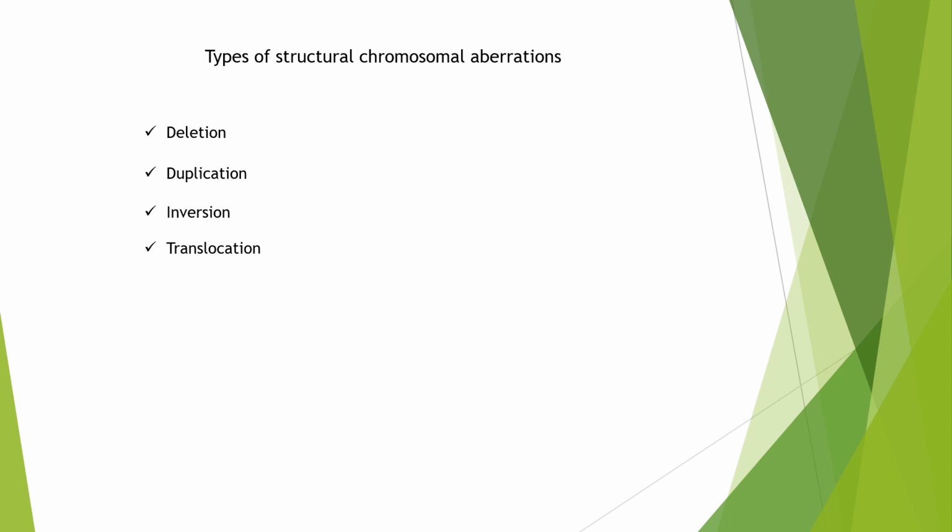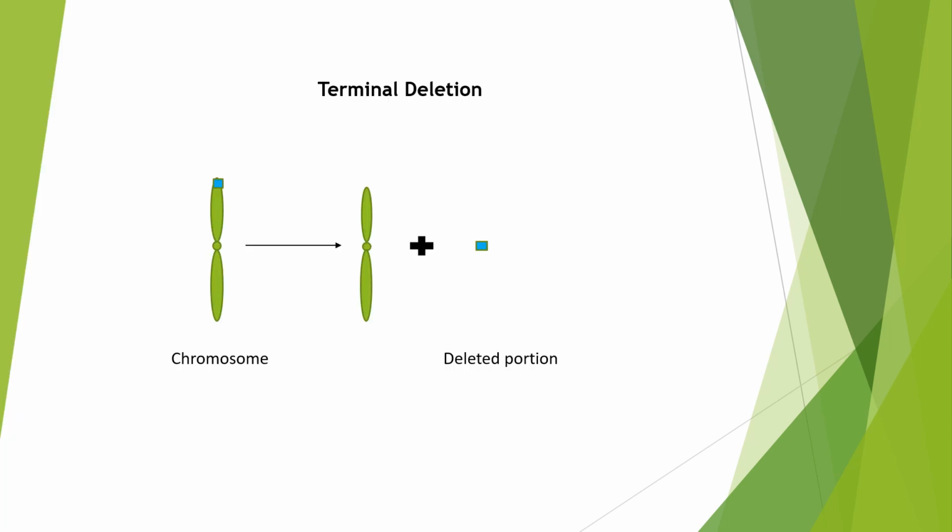The next type of mutation is called translocation, where there is a shifting of a chromosome segment to a non-homologous chromosome segment. So these are four different types of structural mutation.